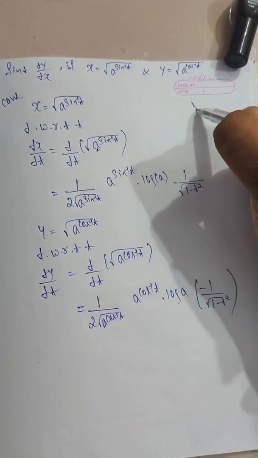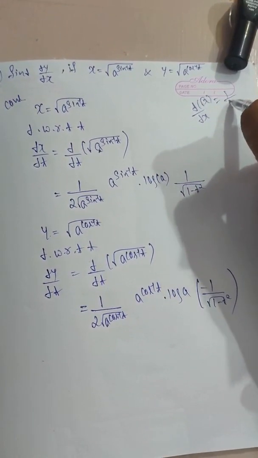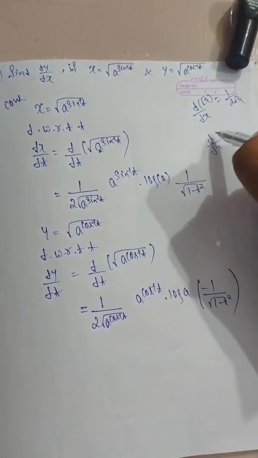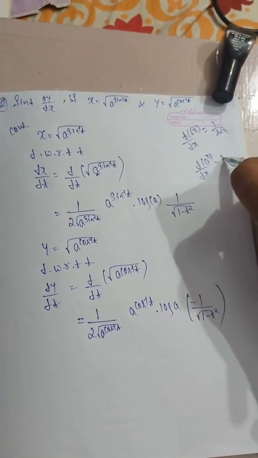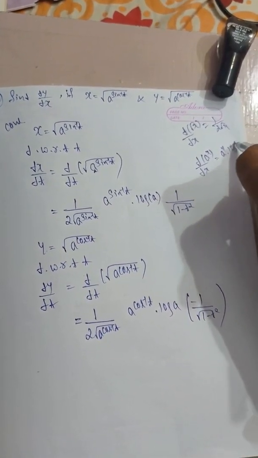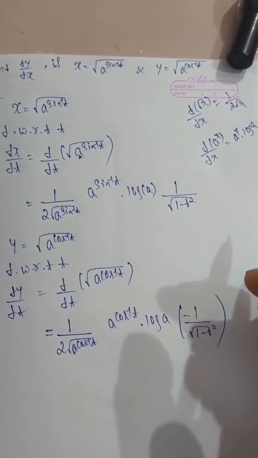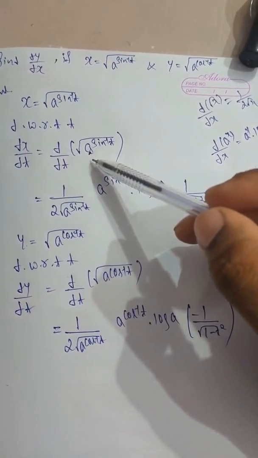Here we used the root differentiation formula. We know the differentiation of root x is 1 by 2 root x. The differentiation of a to the power of x is a to the power of x into log a. Here we applied the chain rule differentiation.